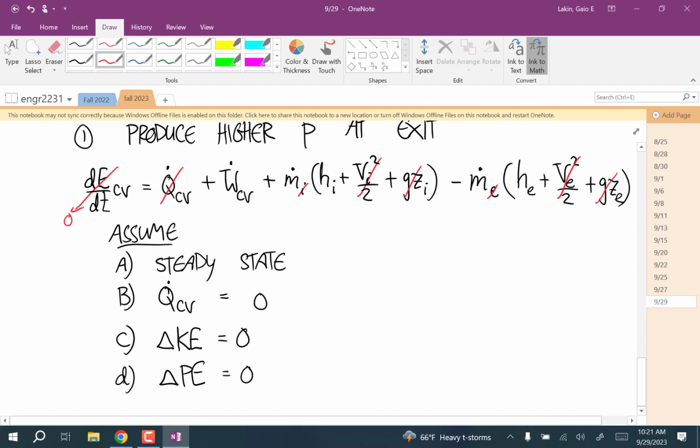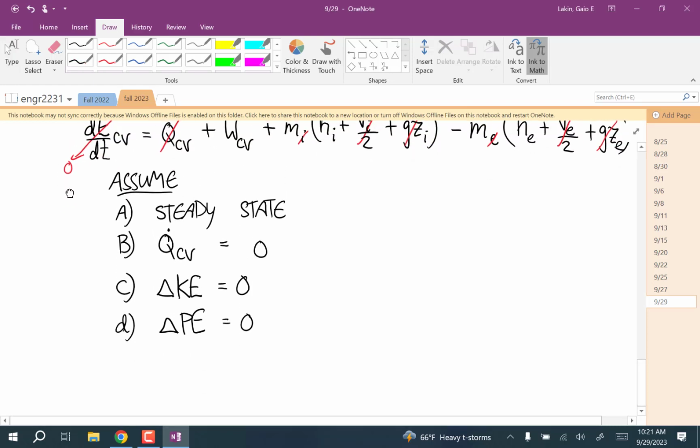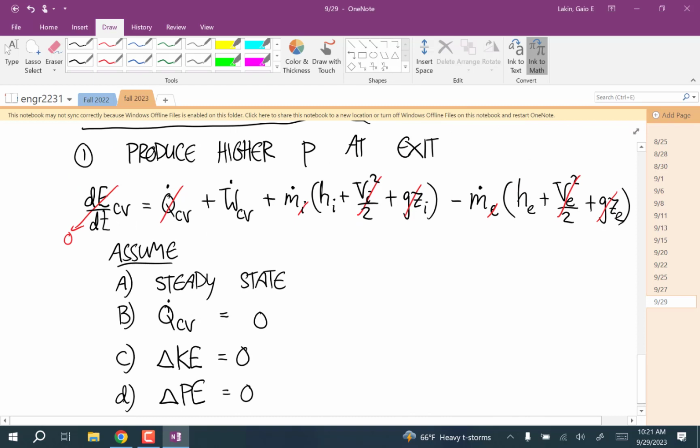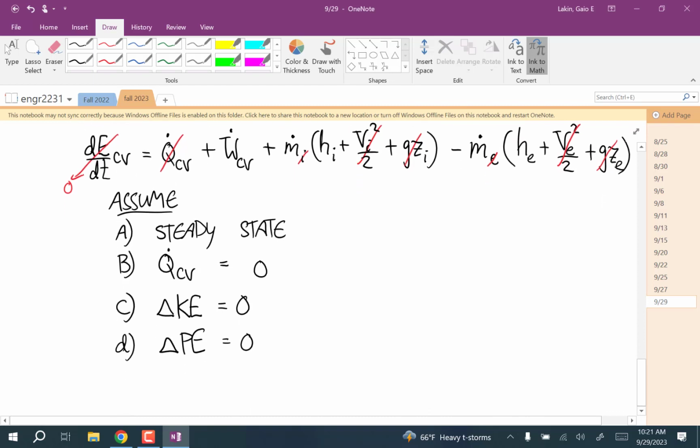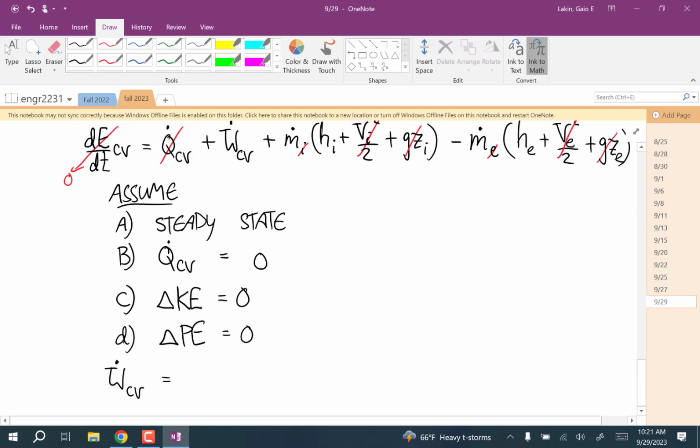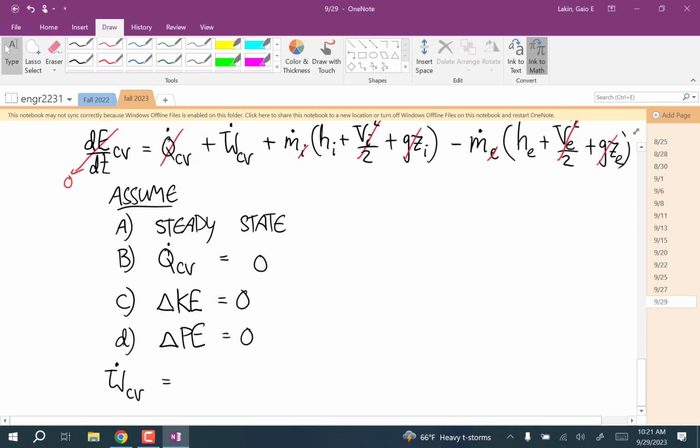And what you're left with is exchanging work for enthalpy. So this simplified model says the rate of work is equal to, and actually let me write this in a different form. You can keep it over here. Negative work CV, okay?